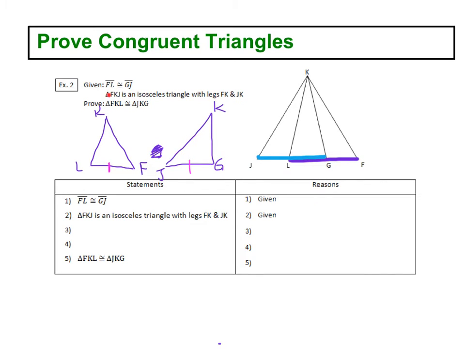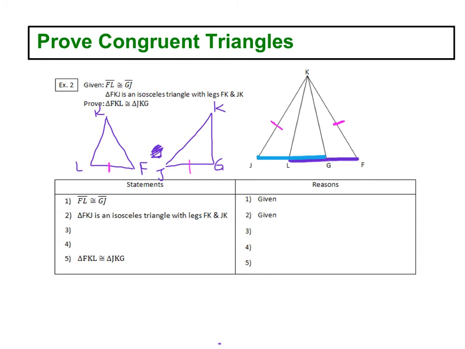They told us that triangle FKJ, so that's the big triangle, is an isosceles triangle with legs FK and JK. Remember, if you have an isosceles triangle, that means you have congruent legs. So FK and JK are congruent to each other.